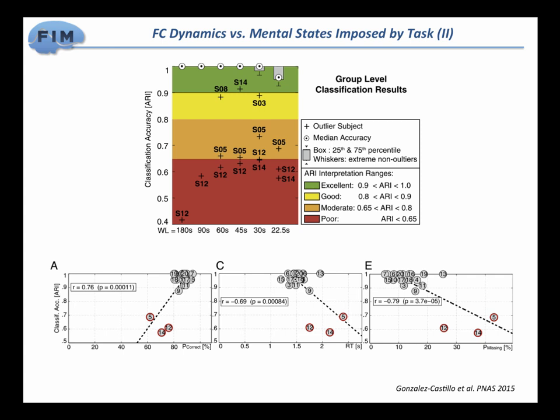When we look for correlations between the classification accuracy and measures like percent correct, response time, and missing responses, we can always see that the three subjects that make the algorithm perform the worst are the three that seem to have been doing the task more inconsistently. So again, one more positive step towards this idea that there might be a relationship there to look for.